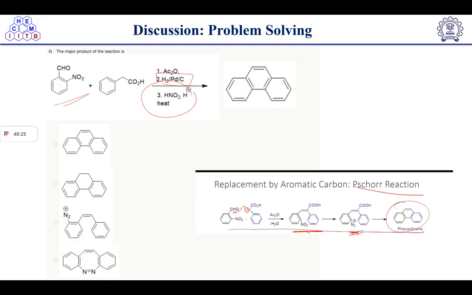Then diazo will form here, and then this diazo is a good leaving group. You know that. So this will knock out, and here a radical will form. And aromatization will take place to give the product. Okay.